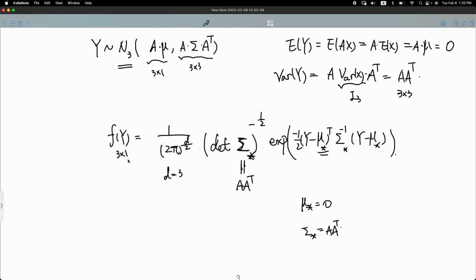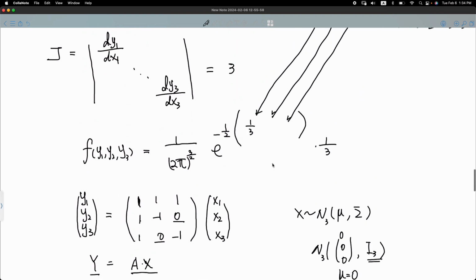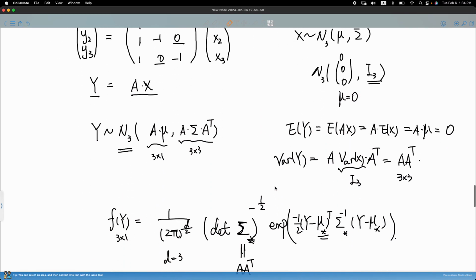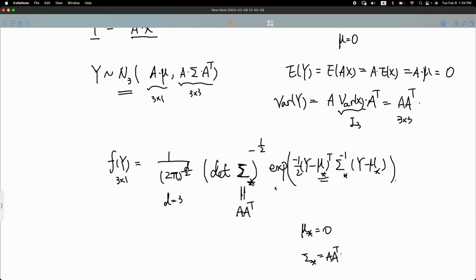After you plug in the numbers, you will find that your solution for this multivariate normal is the same as the one that you get from the Jacobian version. They should be the same. For this question, it's just lots of plugging in and using formulas.